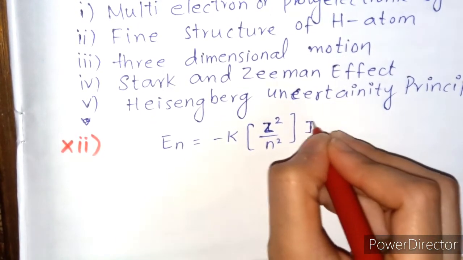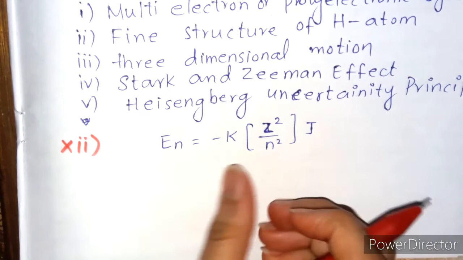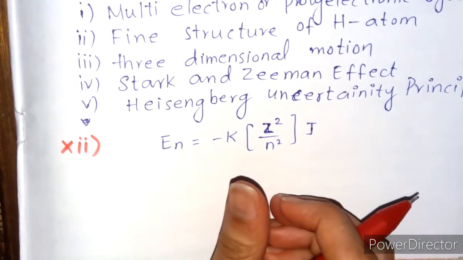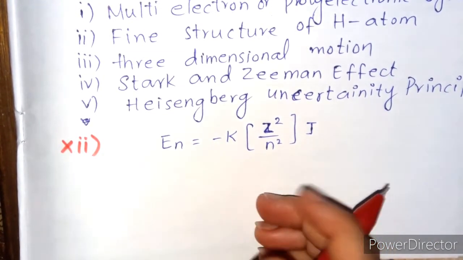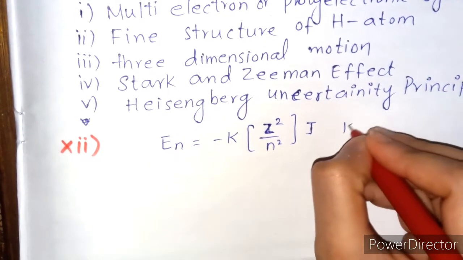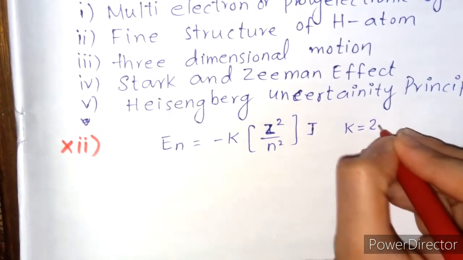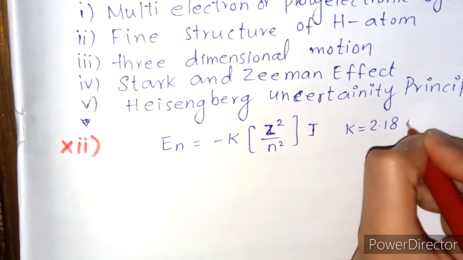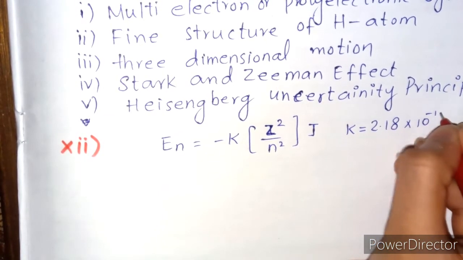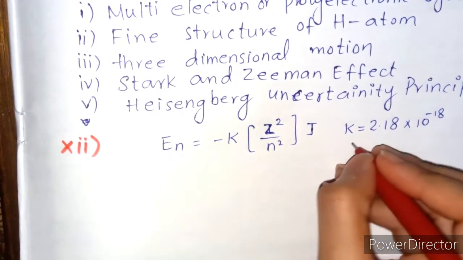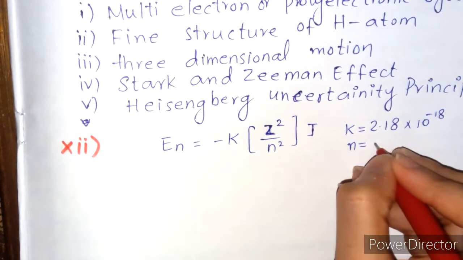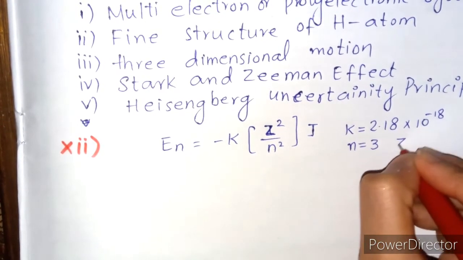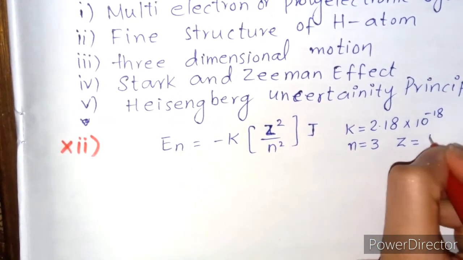This is in joule. The value of k is a constant, which is equal to 2.18 times 10 raised to power minus 18, and the value of n we are given is 3, and the value of Z for hydrogen is 1.